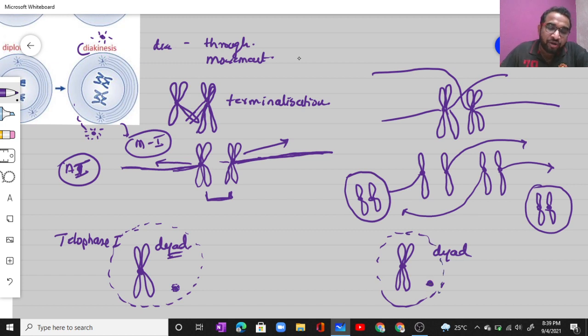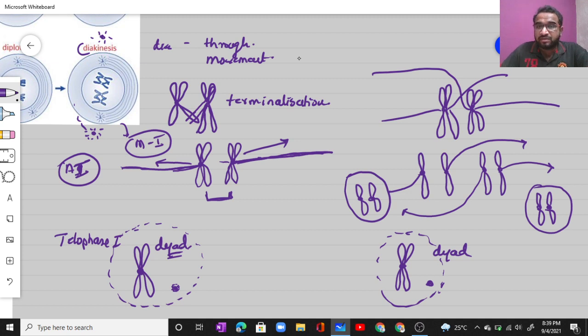The elongated chromosomes usually remain straight, and now they are not going to enter into interphase. In mitosis they could have entered into interphase after cytokinesis, right? But here they are going to remain like this.